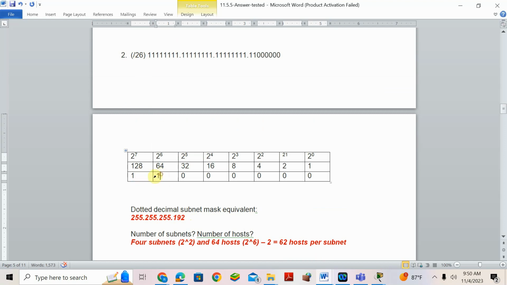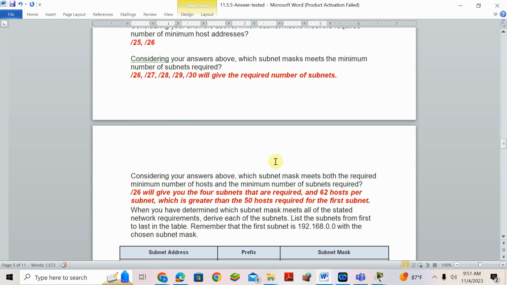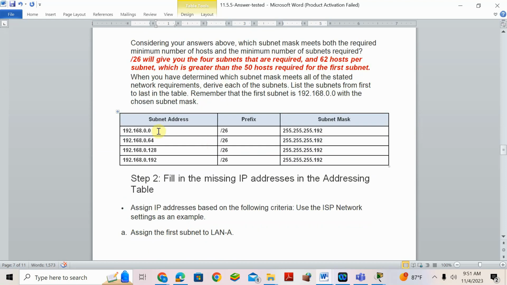See, the first value is 128, second value is 64. So this should be the difference between one network and another network. So the last portion becomes 64. So here I will write 0, next one 64, next will be 128, next is 192.